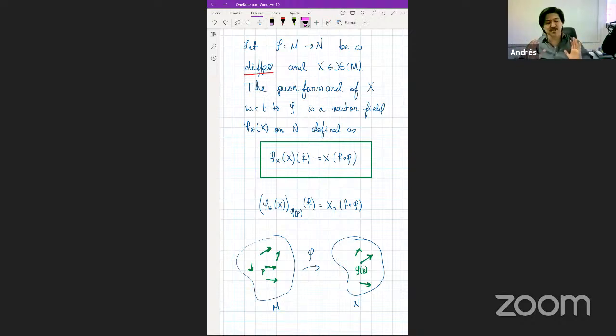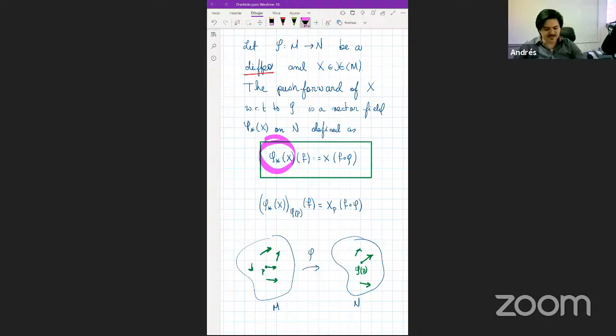So vector fields can be pushed forward to vector fields using diffeomorphisms only. A vector, you can always push it forward to another vector. And we use the same notation. Okay, so this is the push forward.